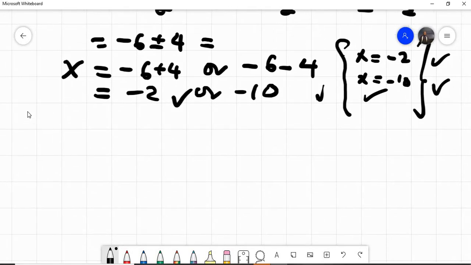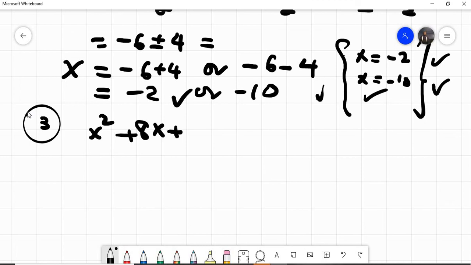Our third example is x squared plus 8x plus 15 equals 0. So what we're gonna write first, what's our a?